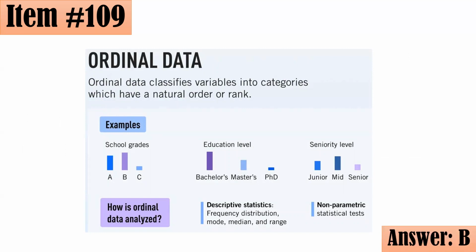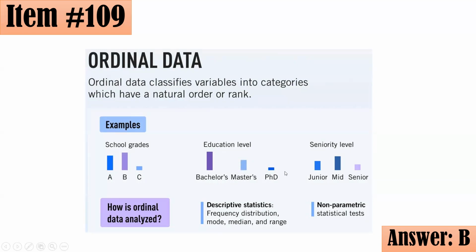When we say ordinal data, ordinal data classifies variables into categories which have a natural order or rank. So if ranking is involved among your data set, for example, school grades, meron siya like A, B, C. Ranking is involved here because A is known to be a higher grade than B and C. B is known to be a higher grade than C as well.